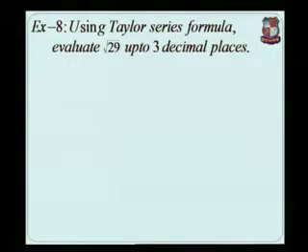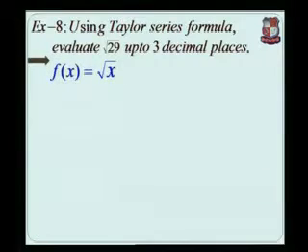Root function is there, so our function f(x) is equal to root x. Suppose the question is find the value of root 81, then again the function is root x. If the question is find the cube root of another number, then we take the cube root function. Now function is f(x) equal to root x, where according to data x is equal to 29.